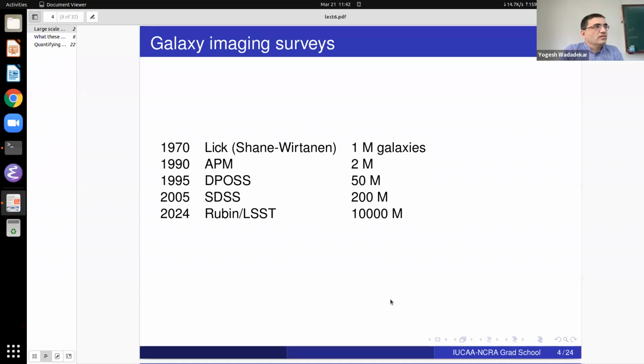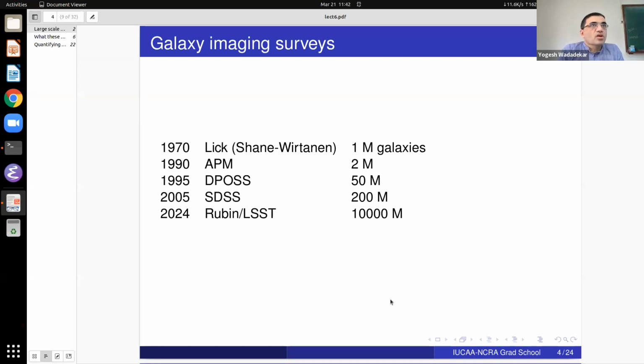Synoptic means where you observe the time evolution. You observe the same part of the sky multiple times, separated by some time interval, so that if there are any moving objects or variable objects, you'll be able to study that. That is called synoptic, the time varying component.